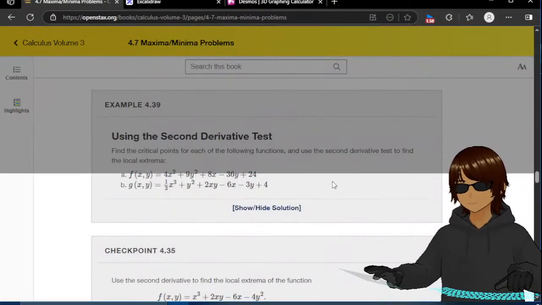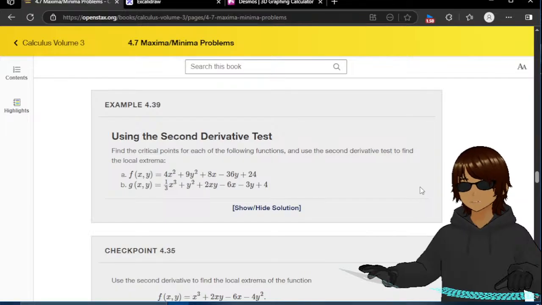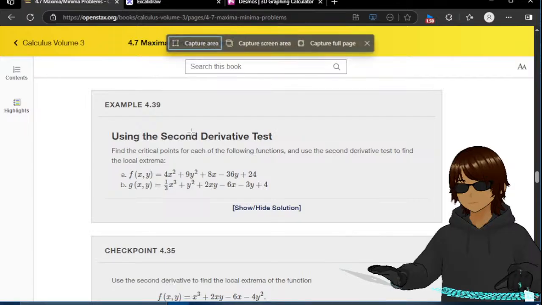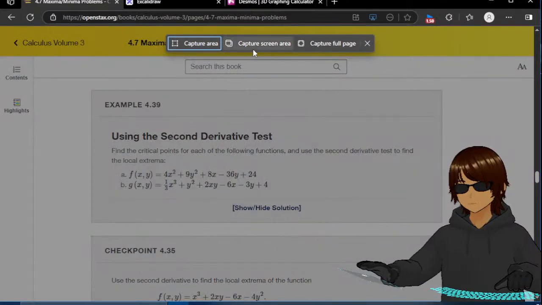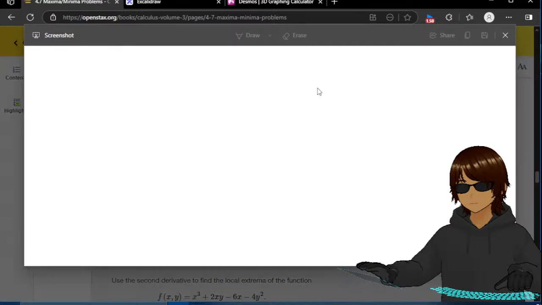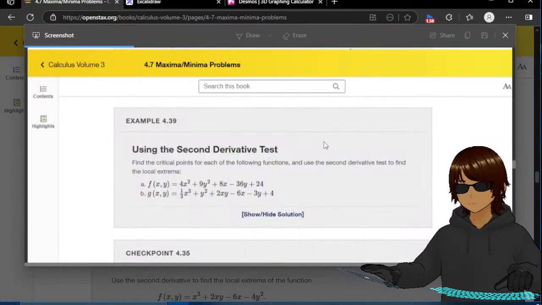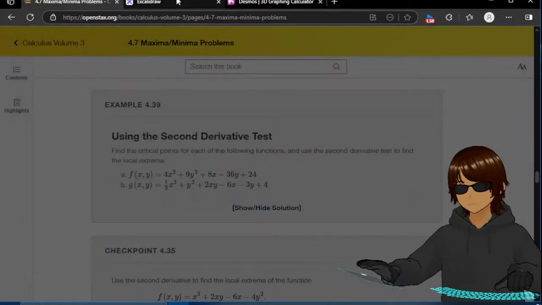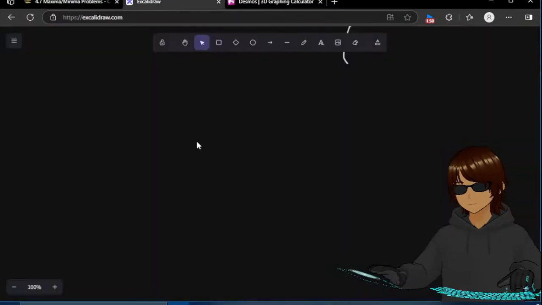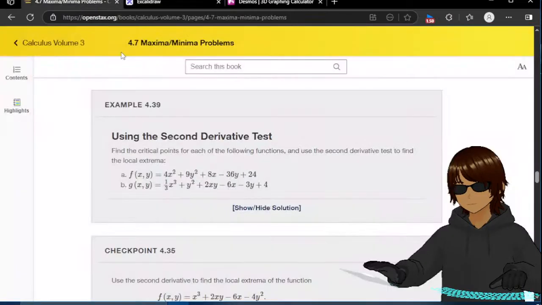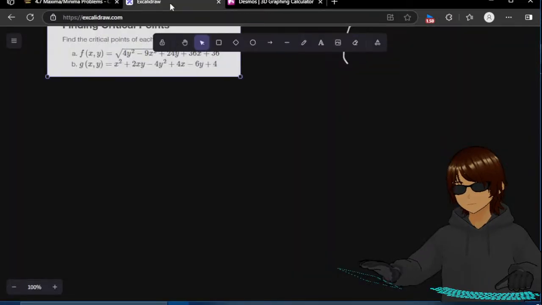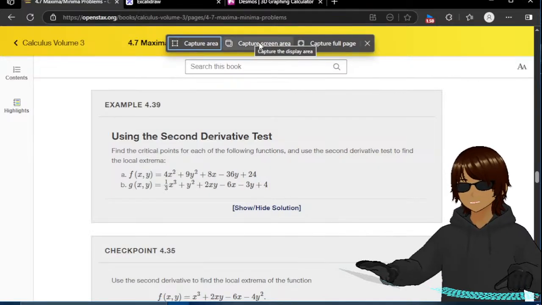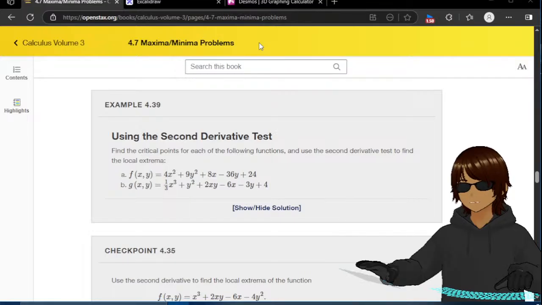Okay, we have. Why is it so laggy? It's not. Hold on. Capture screen area, maybe.